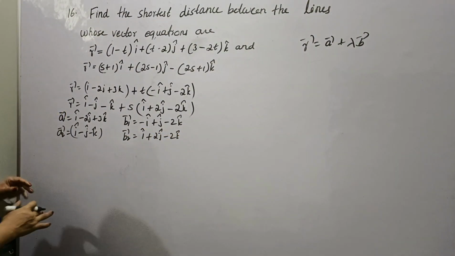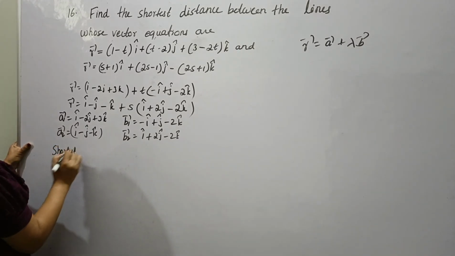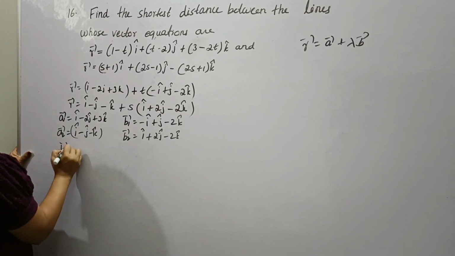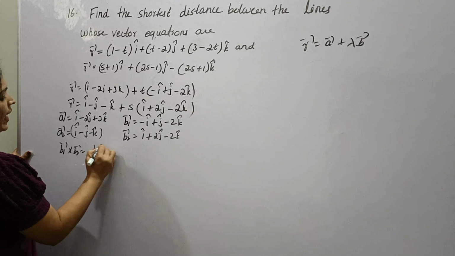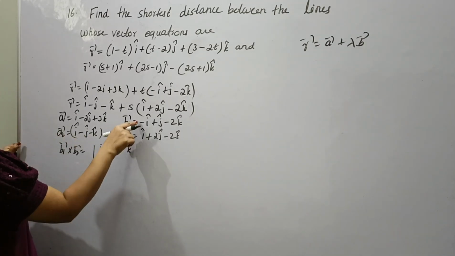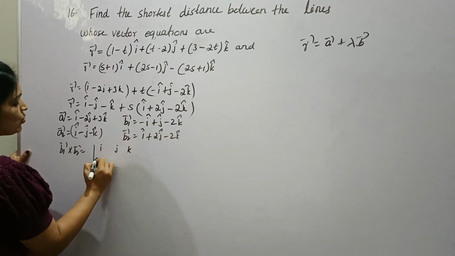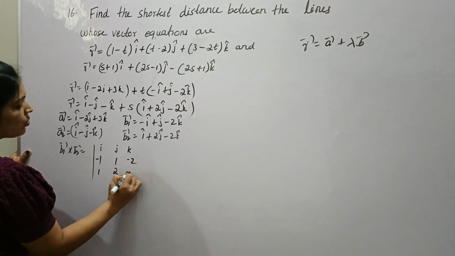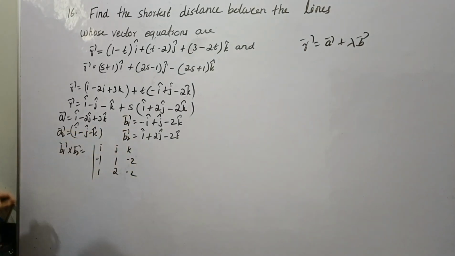Then write the formula, shortest distance is equal to, okay, before that let's find vector b1 cross vector b2, that is equal to determinant i, j, k, minus 1, 1, minus 2, 1, 2, minus 2. Okay, these are the vector b1 and vector b2.